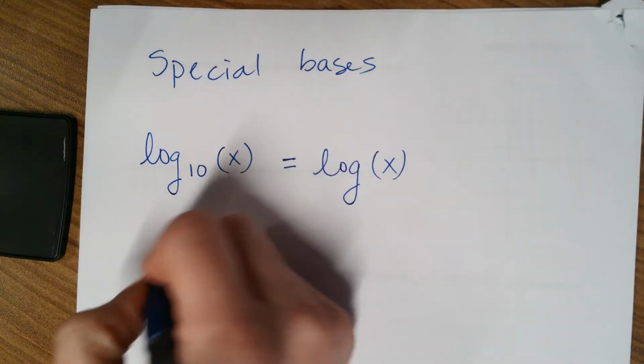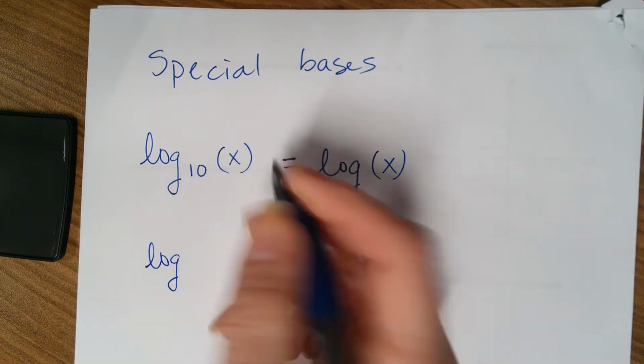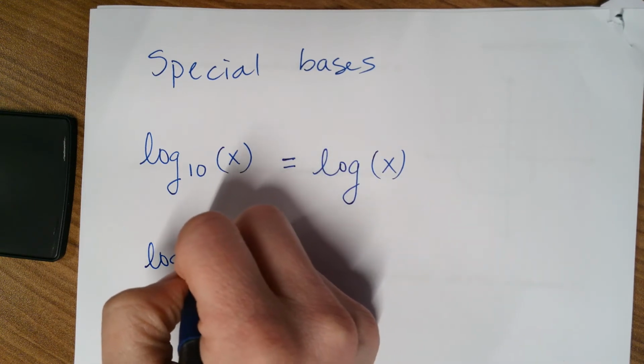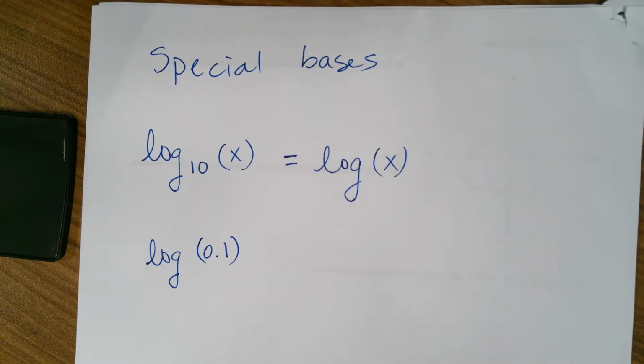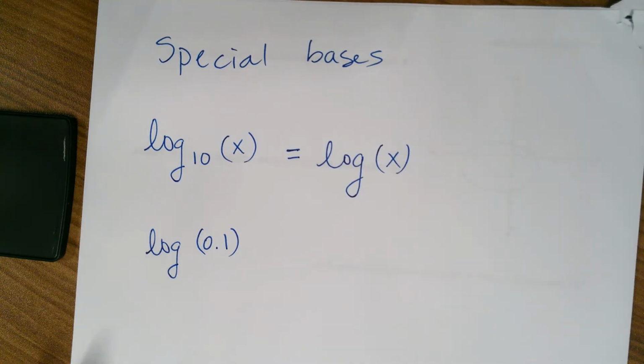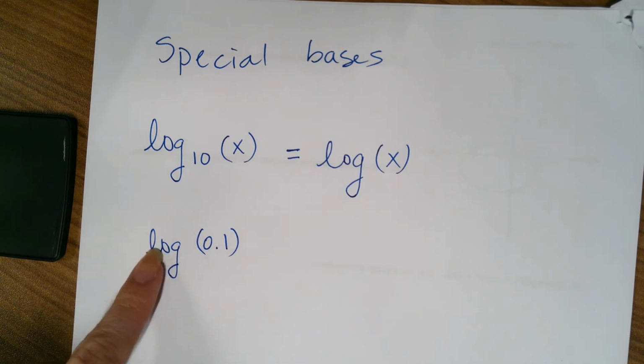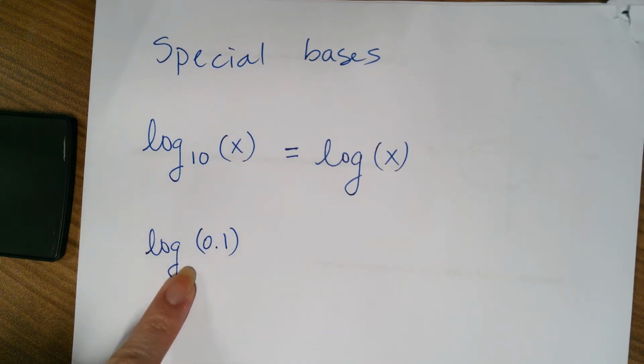So let's look at evaluating real quick. Log of 0.1. And I want to evaluate this logarithmic expression. So again, I'm going to think exponential. I don't see a base and it is log, so I know it's a base 10. So 10 to what power would give me 0.1?